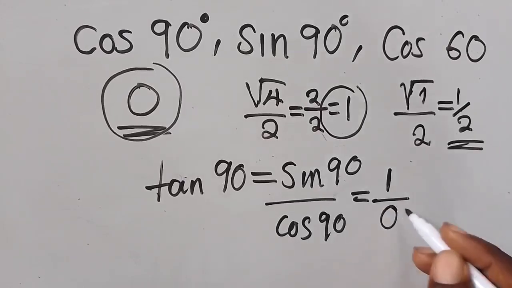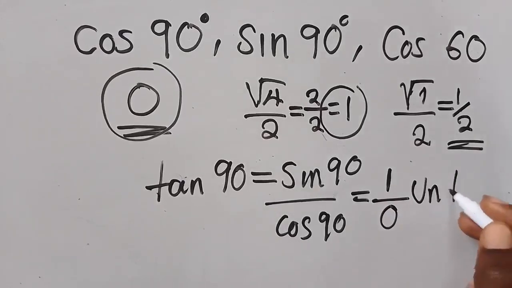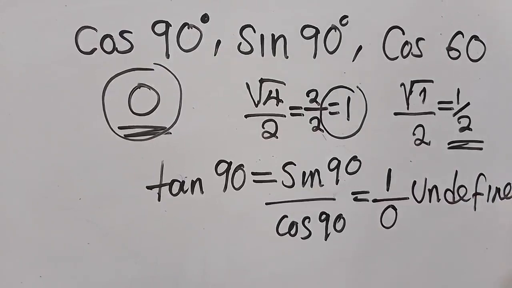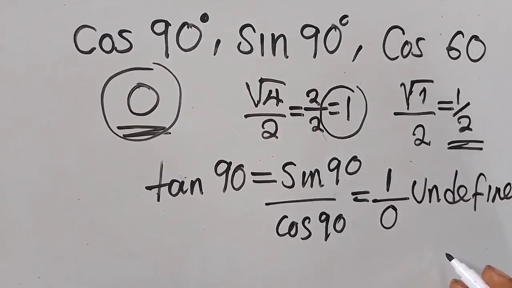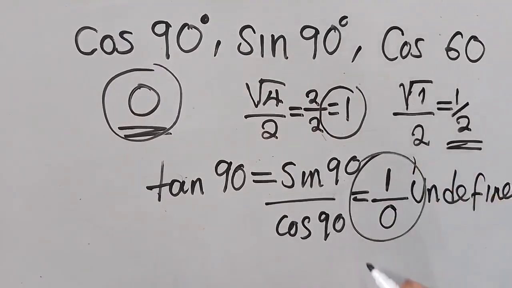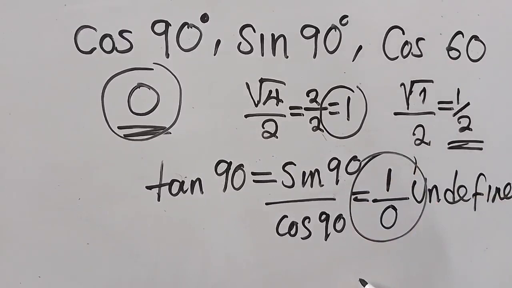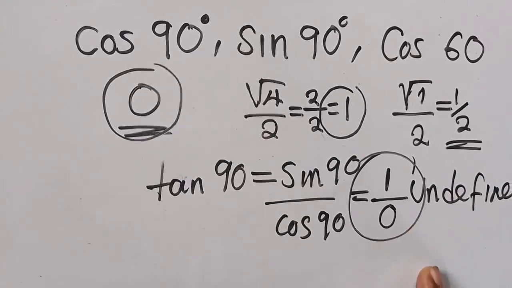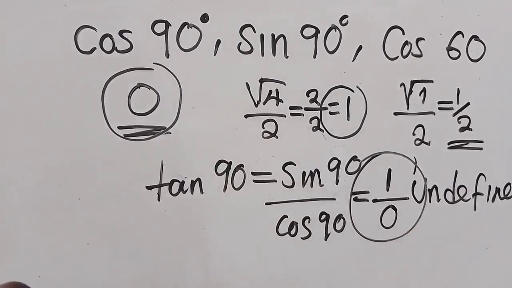Cos 90 is 0. So this is undefined. You cannot get such expressions in mathematics. Have you seen? This is the easiest way of handling those questions that you may have. So this is how you need to answer those questions.